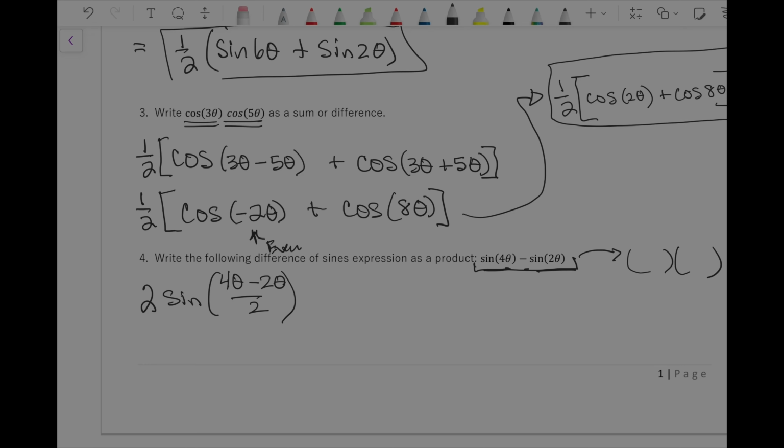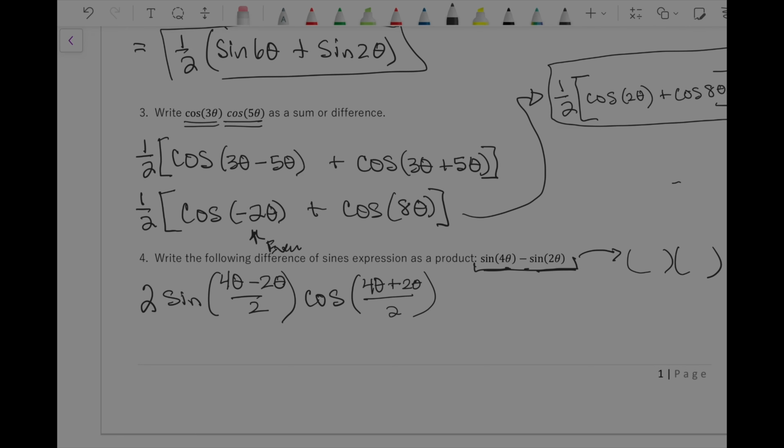Sine minus a sine, it will be sine, and then the next one's cosine. Just double checking, right? Our u and our v, and what trig function we have. And this should be 4 theta plus 2 theta over 2.